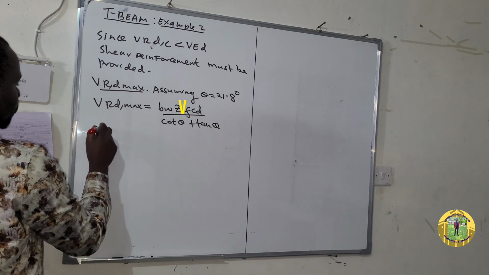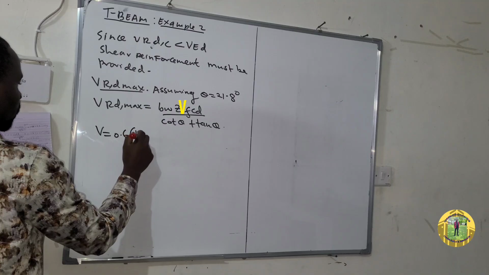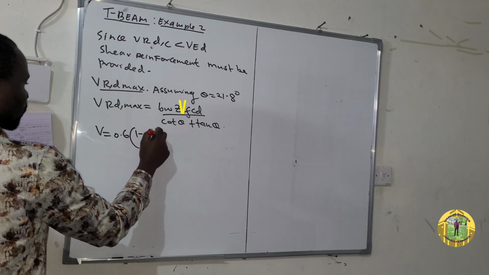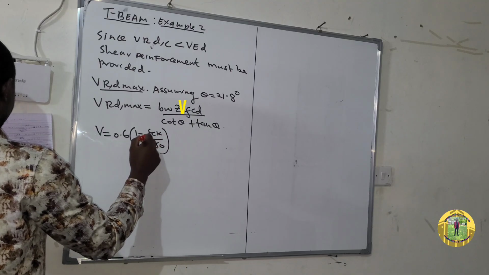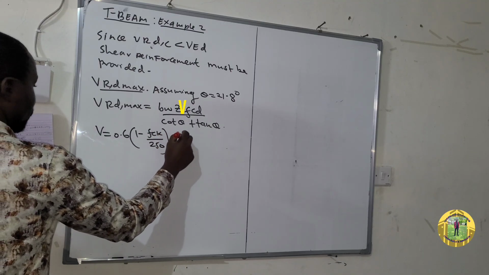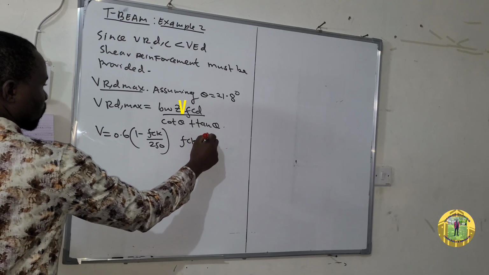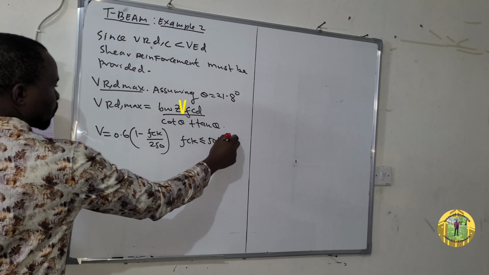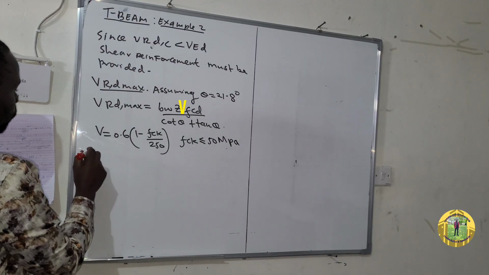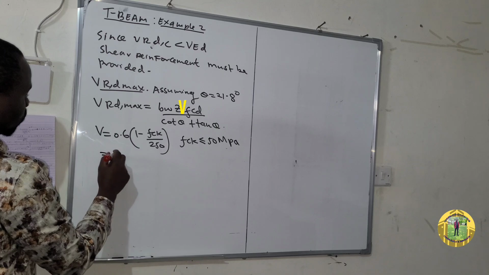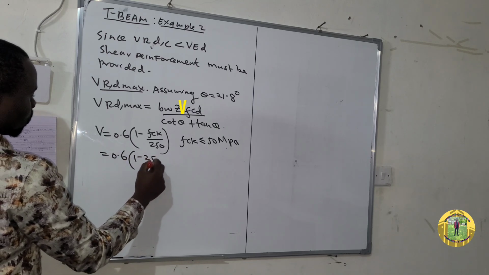So V is equal to 0.6 into bracket 1 minus FCK over 250, for FCK less than 50 megapascals or 50 Newton per millimeter square. So this one is equal to 0.6 times 1 minus 25 over 250.